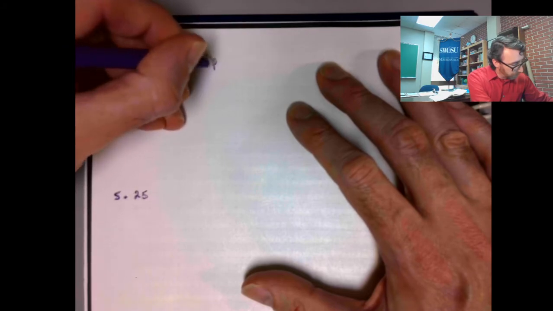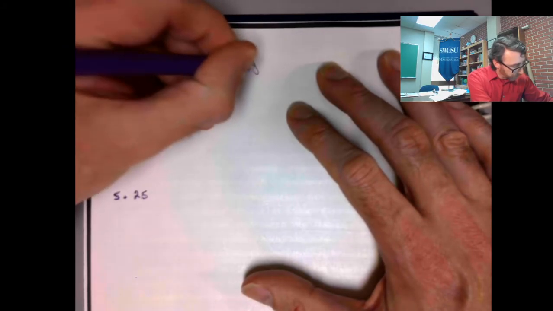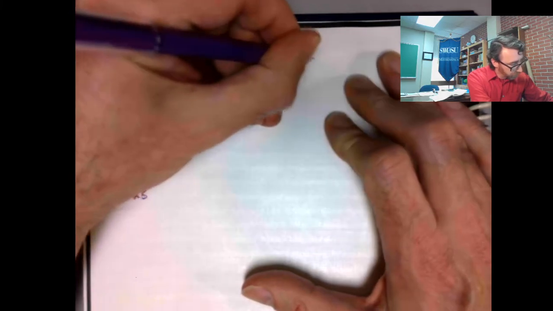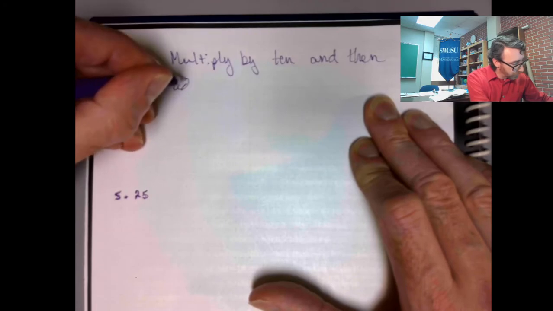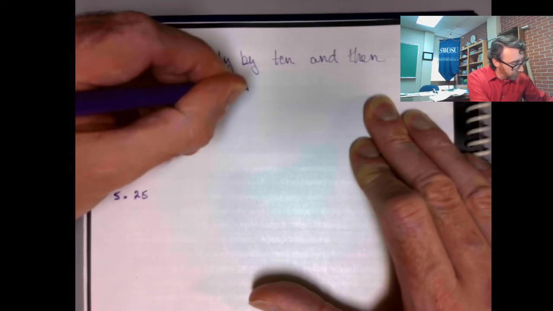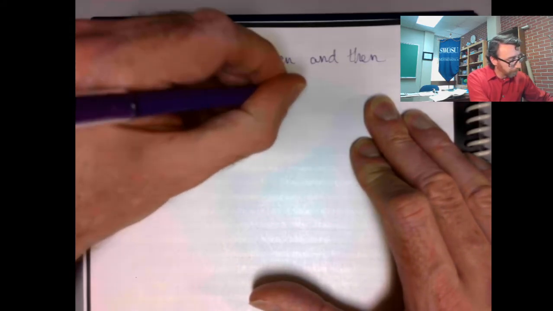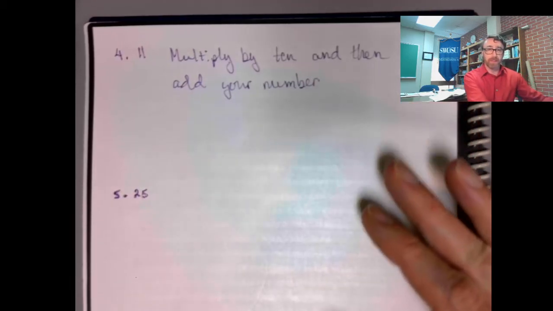Okay, just a couple more things here. Multiplying by 11. Multiply by 10 and then add your number.